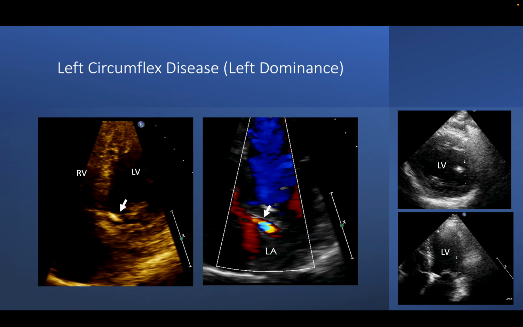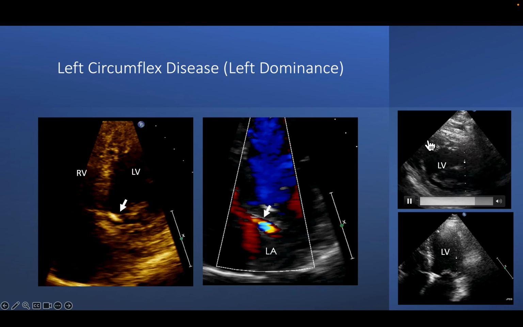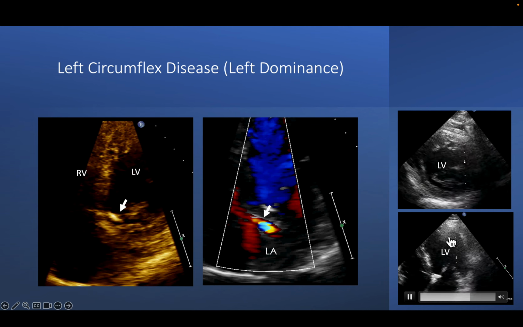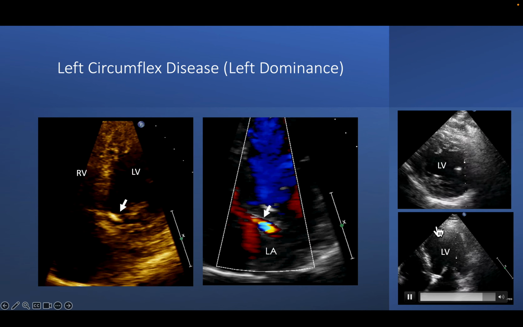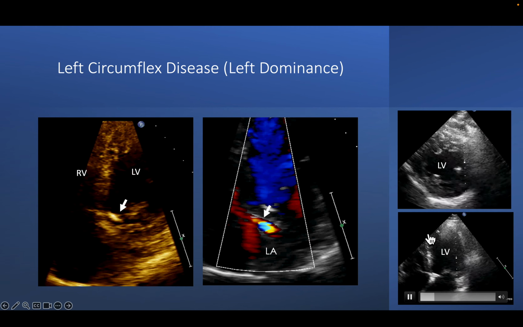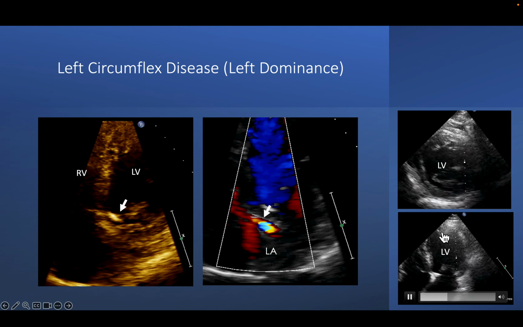Circumflex artery, which I showed in my previous talk. This is the left ventricular section. You see the lateral and anterior segments are not moving adequately. The lateral segments here are not moving, and these segments are not moving perfectly well. This is a kind of akinesia, while the septal segments are moving fine.